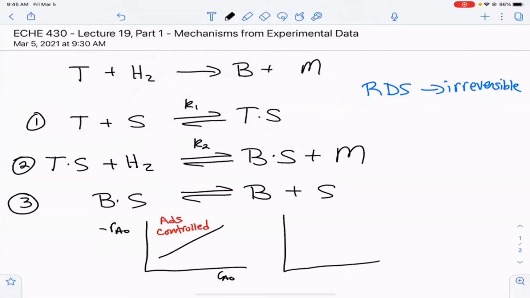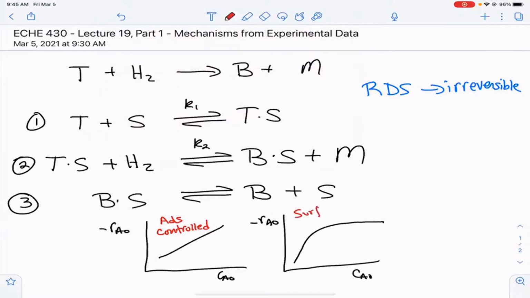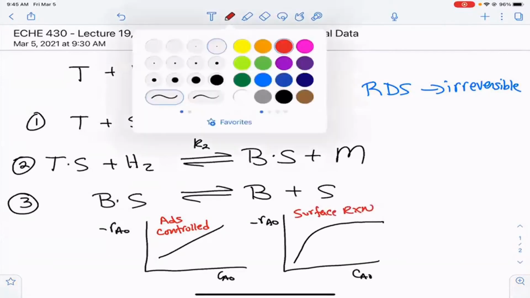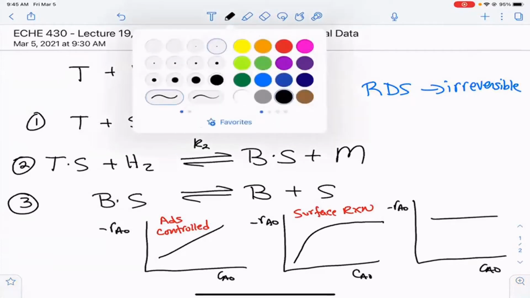When we had a line that initially was semi-linear and then had an asymptote that was surface reaction limited. And finally, when we had a horizontal line, that was desorption controlled.